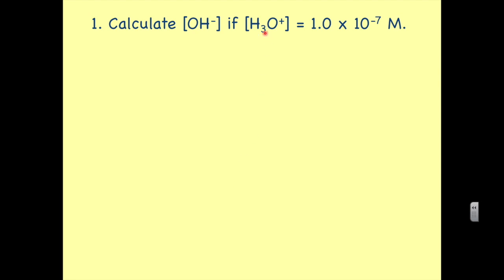Now we can use that equation to calculate the other one. Whenever you have an acid or a base, you are going to have some of the hydronium ion and some of the hydroxide ion. And if you know one, you can calculate the other.